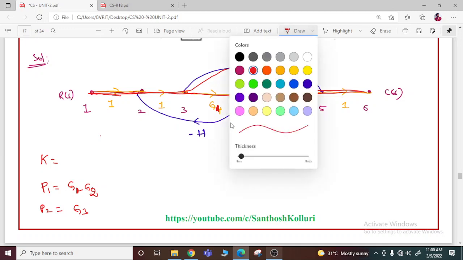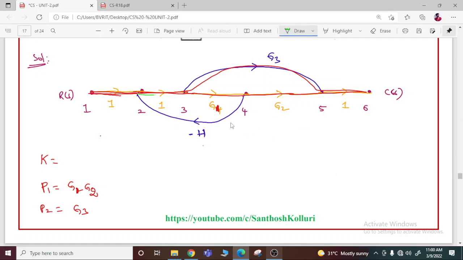If I calculate the individual loop gains, only one loop is there.